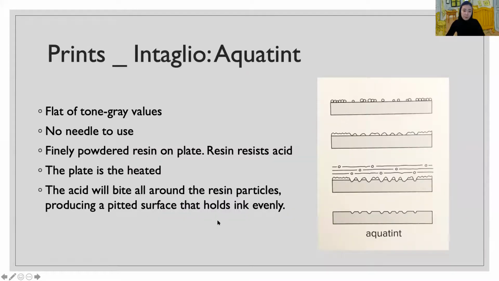And the third intaglio technique is aquatint. Aquatint is a way of achieving flat tones, gray values or intermediate values of color. So it doesn't need a needle to draw something on the plate.